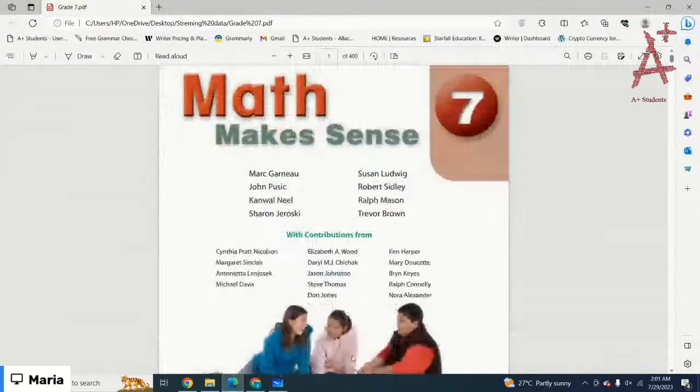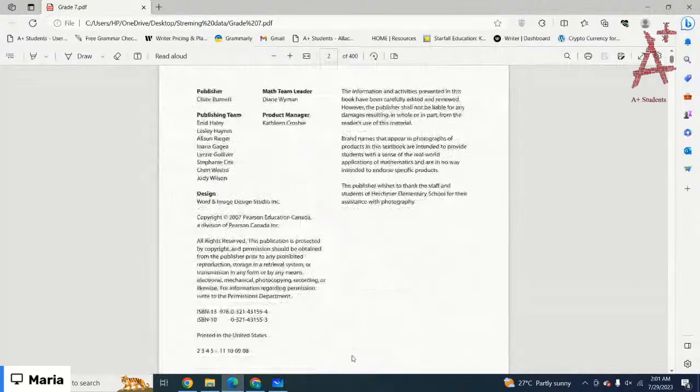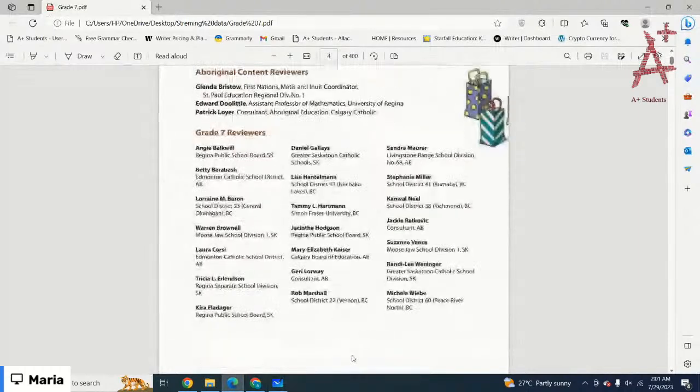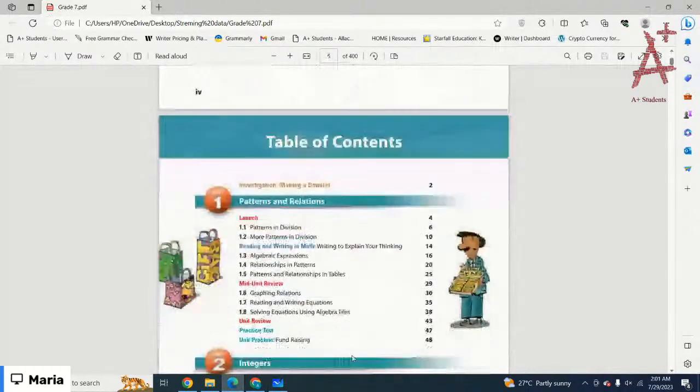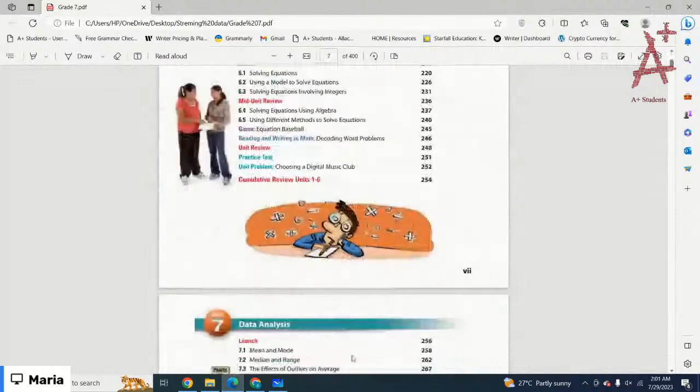Okay, here I'm on the book. Let's just start with chapter 1. We're going to start with lesson 1.3, algebraic expressions.